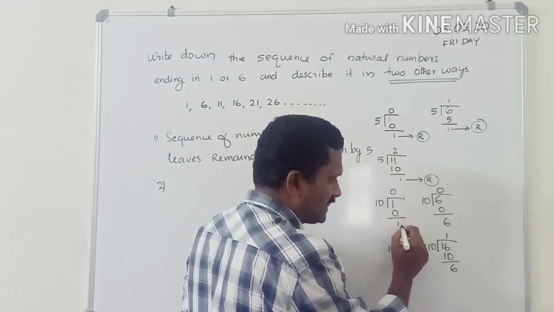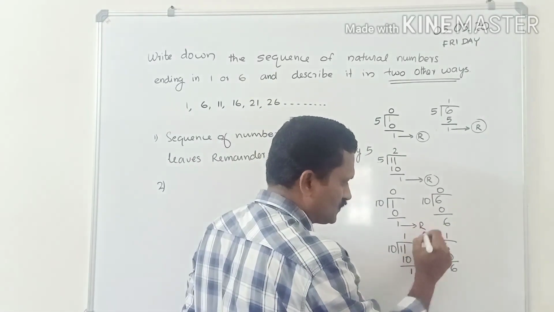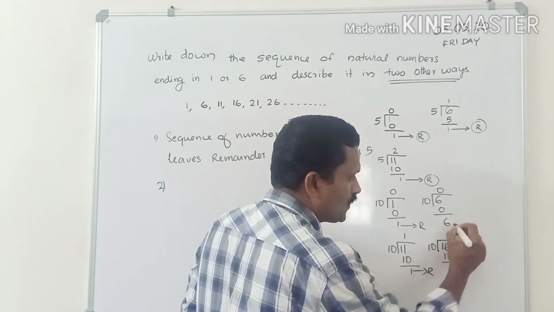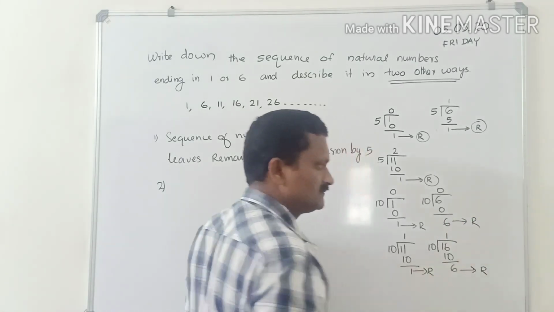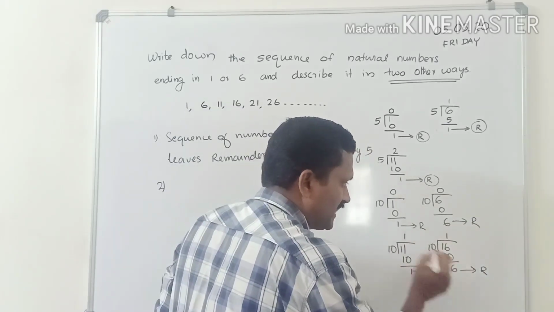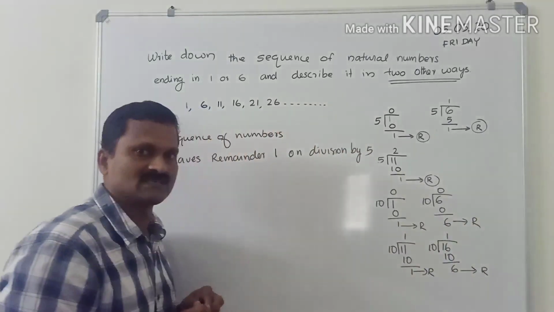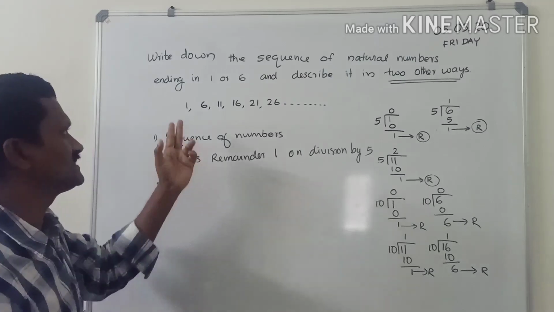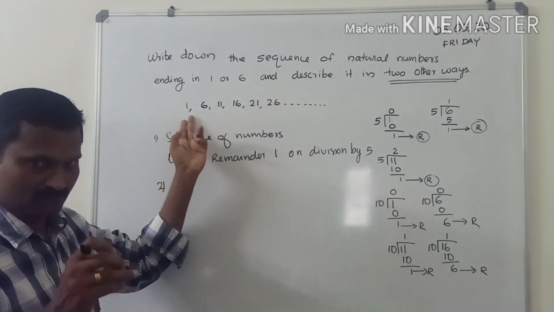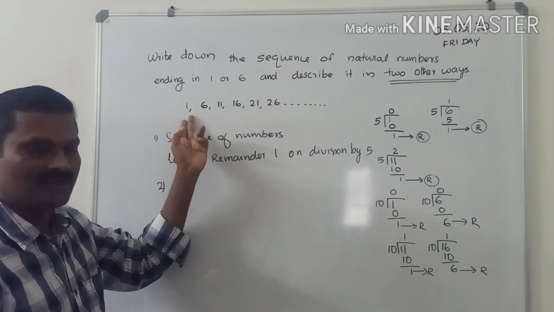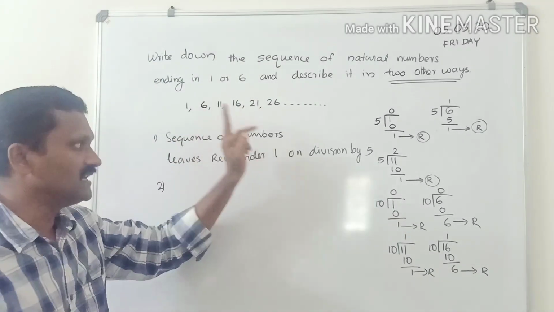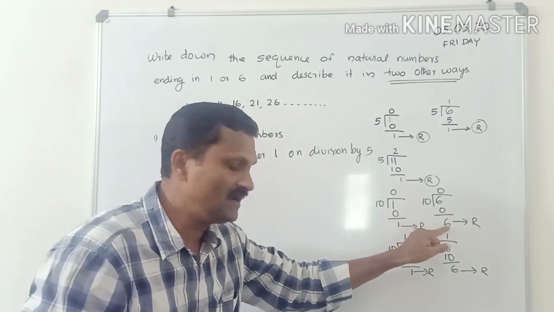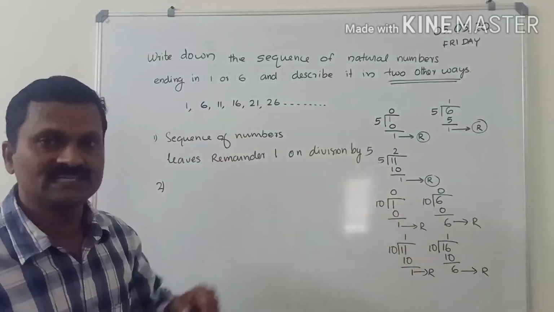Now we got the remainders are either 1 or 6. There are two remainders, either 1 or 6. So we list the sequence of numbers which leaves remainder 1 or 6 on division by 10.